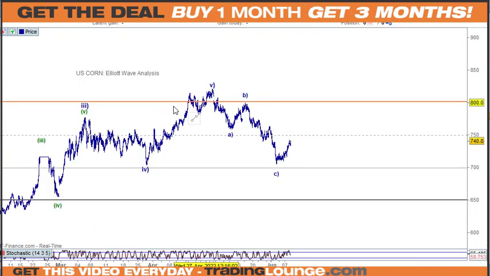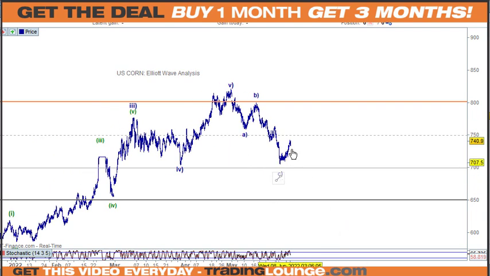With corn, I think it's much the same, but I have to say it's perked up a fair bit. I could count it here as an A wave, a B wave and a C wave down here, but my wave 3 is a little bit short. I'll have to go in and check that. We're not really trading this, I'm just using it to have a look. But if I get 5 waves into this space here, then we'll look at this low being in place, but it's just a little bit short within this space.